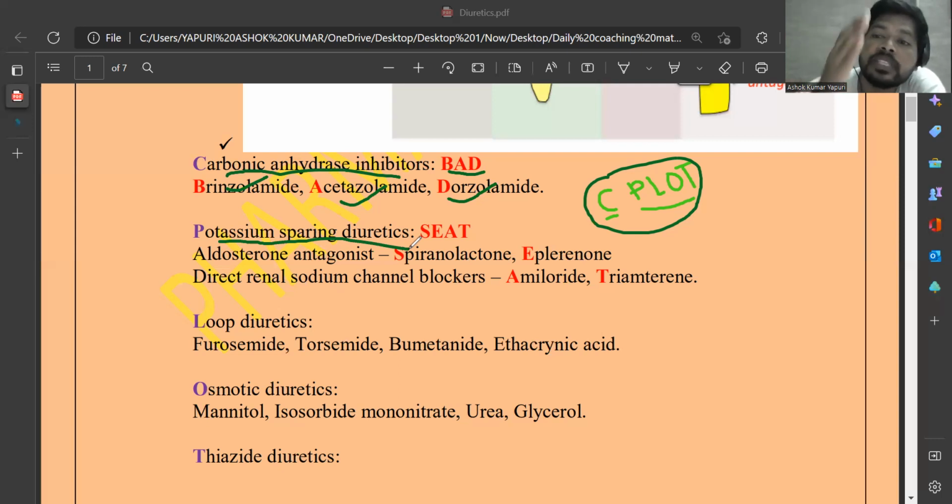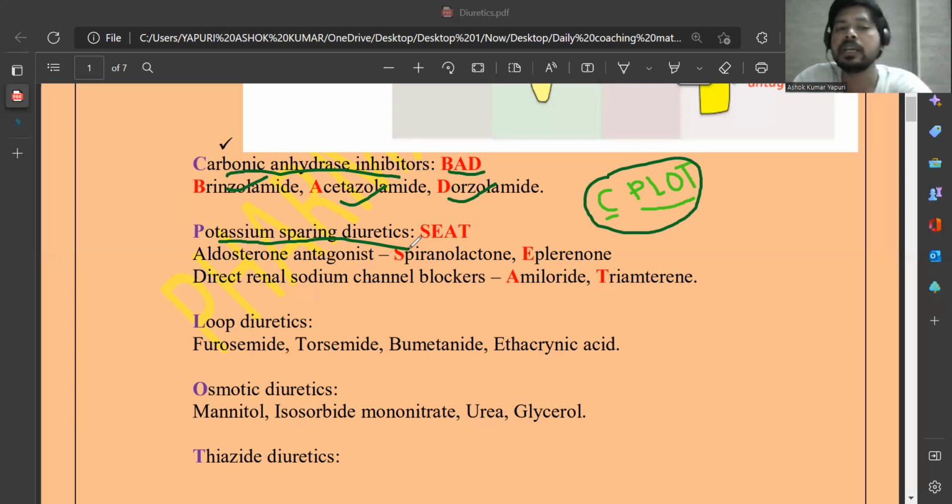Why? If sodium is eliminated, water is also eliminated. But if excess potassium is also eliminated from the body because of diuretics like thiazide-like diuretics and loop diuretics, it leads to hypokalemia, decreased potassium in the body. Decreased potassium in the body may lead to cardiac arrhythmias as well as muscle weakness, muscle problems.